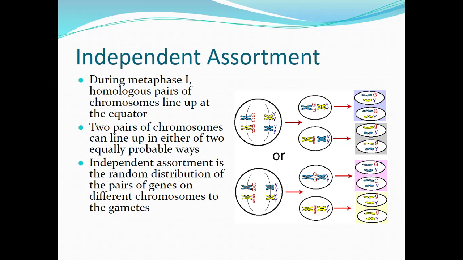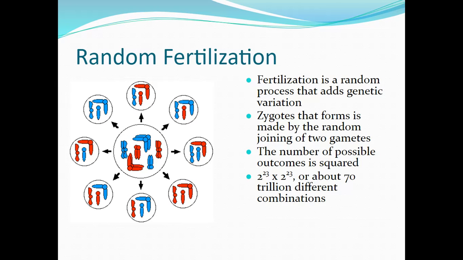You don't always have your paternal chromosome number 1 going to the left and your maternal chromosome number 1 going to the right every time. They split up randomly. So you might have them in a mixed up order. It goes right one time, left the next time. So they're not always going to be all your maternal on the right side and all your paternal on the left side. There's a mixture. And so that becomes kind of fun when you think about this. They're independently assorted and they never repeat the combination, which is super cool.